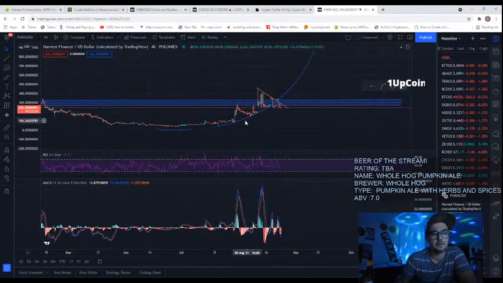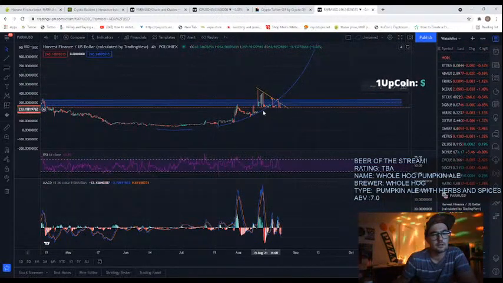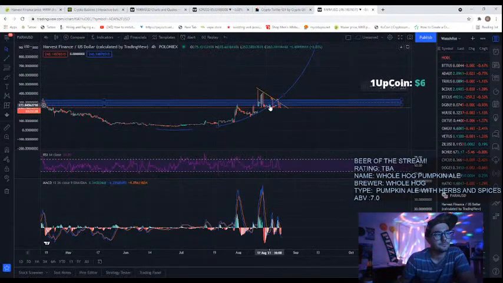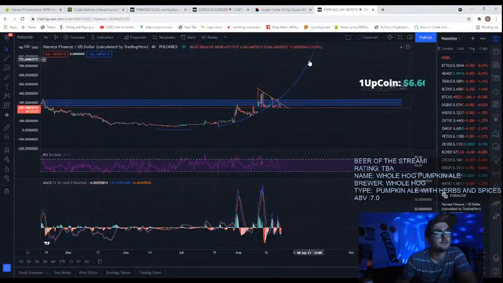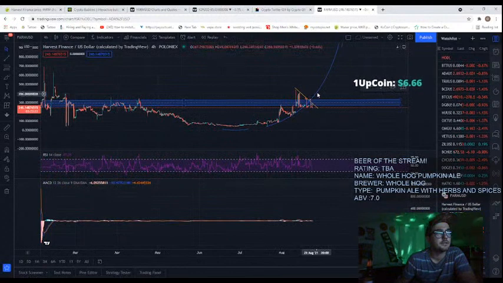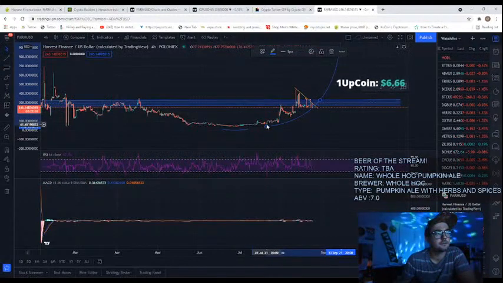It was definitely in a parabolic trend line on Poloniex here, and it looks like it's broken sideways from the parabolic trend line. We could just extend that out though, and it's still very bullish.